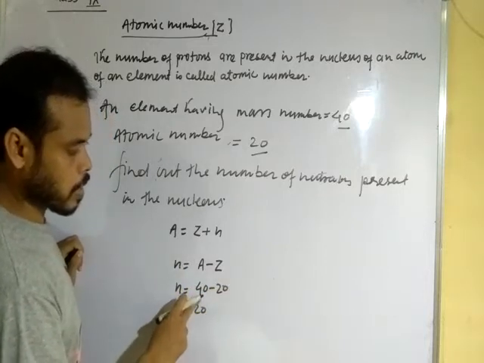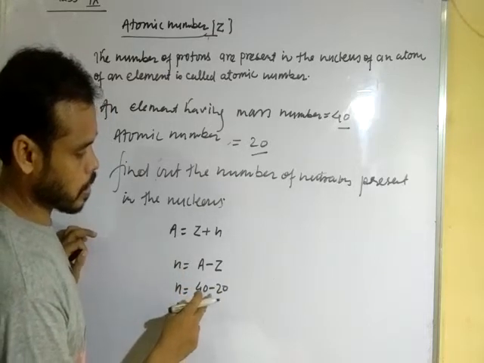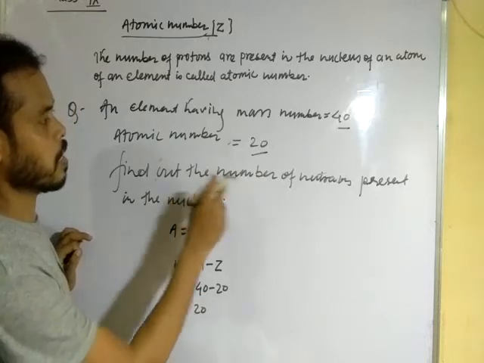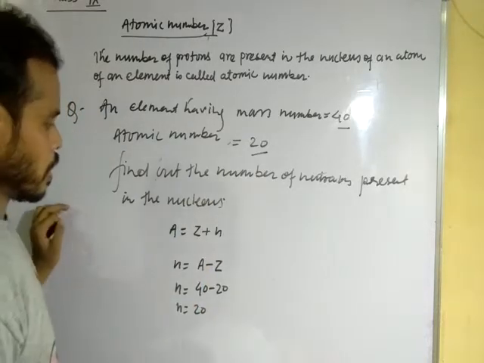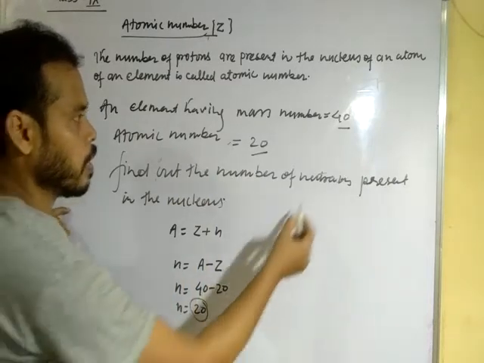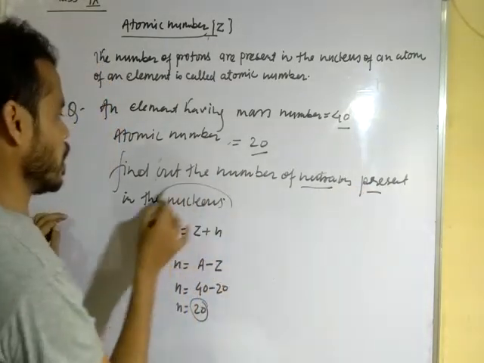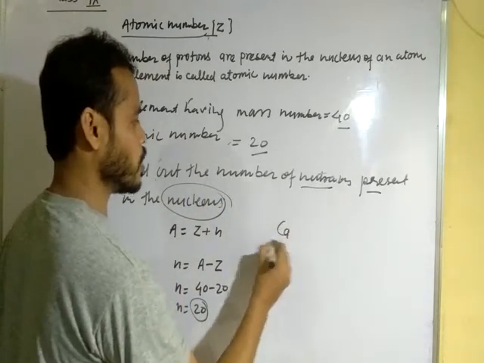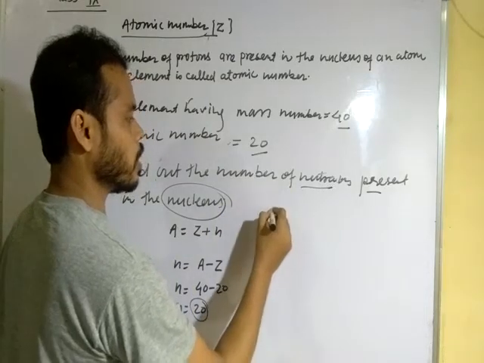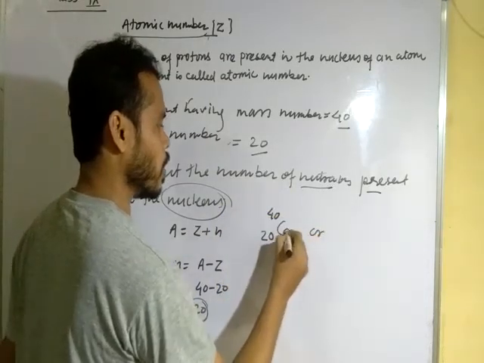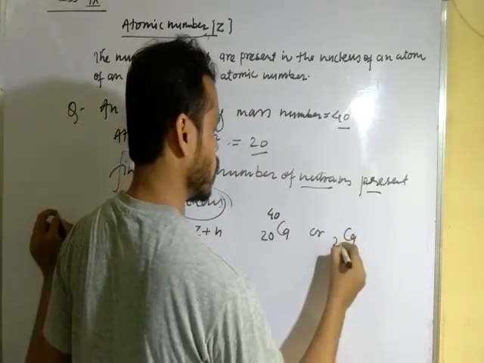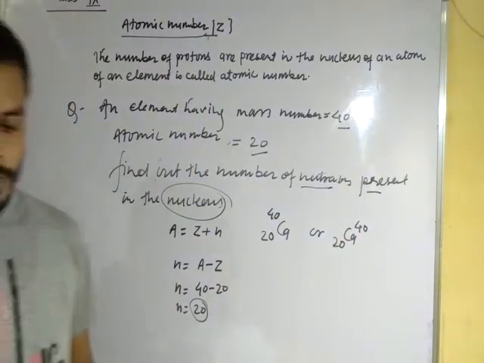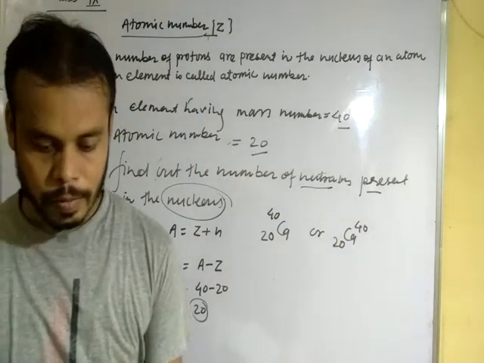That means 20 neutrons are present in the nucleus of that atom, and the symbol of the element is calcium, 20 and 40. This is very important.